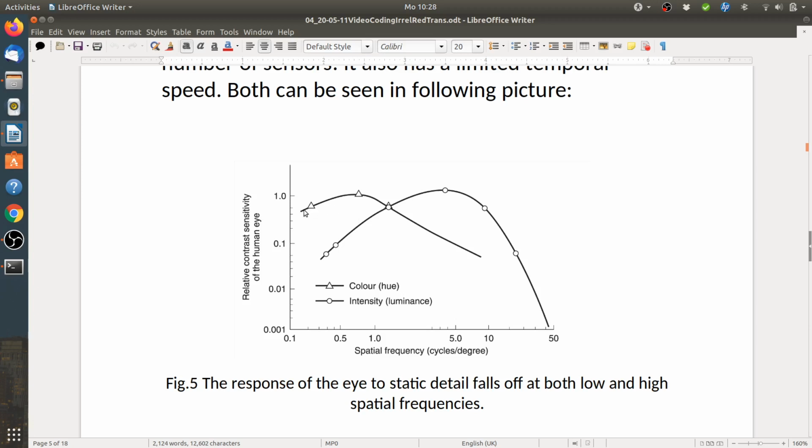Here you can see the curve for color, the hue, which has a peak around say 0.7, and here you can see with round dots the contrast sensitivity function for intensity, the luminance, which has a maximum around 4 cycles per degree. This is mainly because of the different density of rods and cones.